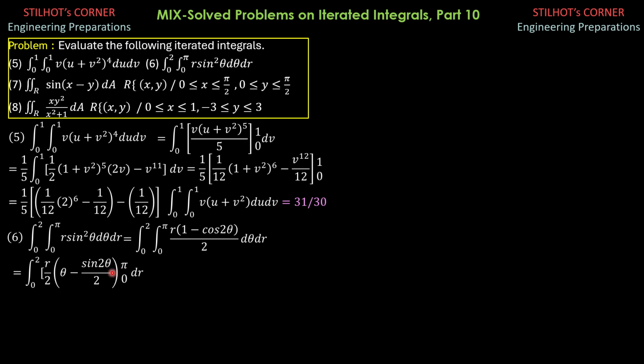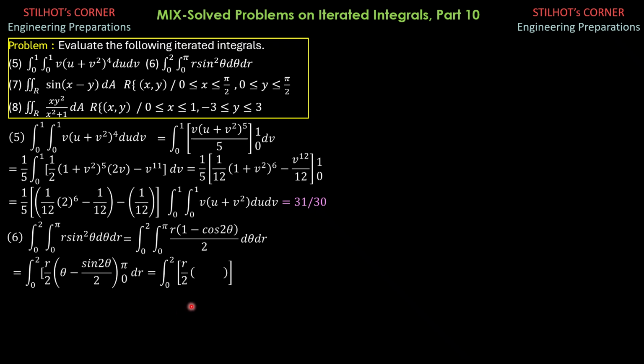Supposedly it is sine 2 theta over 2 only, because we factored out 2 rather. So this is r over 2 times the quantity theta minus sine 2 theta over 2, from 0 to pi. So that would be r over 2 times the quantity pi minus sine of 2 pi, and sine 2 pi is 0.